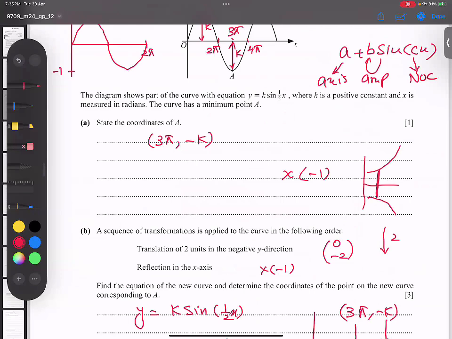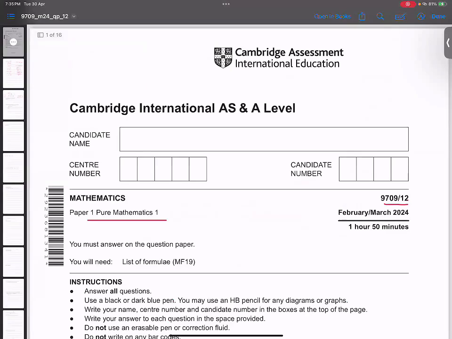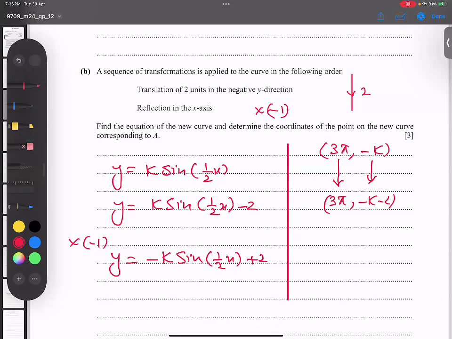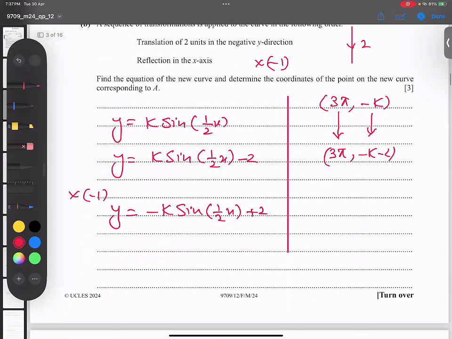The x value remains the same. If the x value is 2 for this point, this y value is 4 and this is -4. X will not change, y will change sign. So this coordinate will remain the same, but this coordinate is multiplied by -1, so both will become positive. So this is the new coordinates of A. And I believe you got the point very clearly.